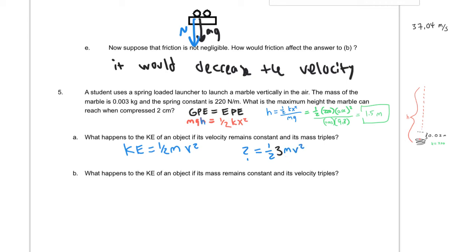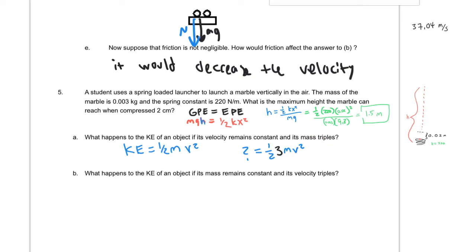So this is all the same stuff as here, except we sort of interjected a 3 in there. And that 3 is being multiplied to the mass because that's what they're asking. The mass triples. Okay, here's us tripling the mass.